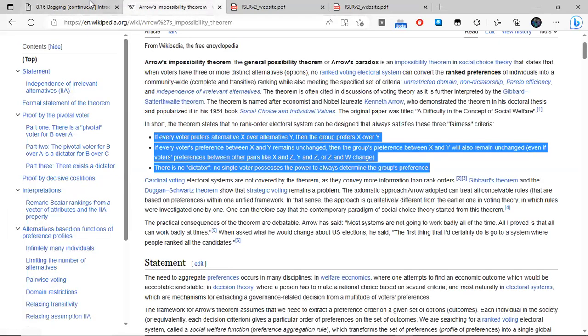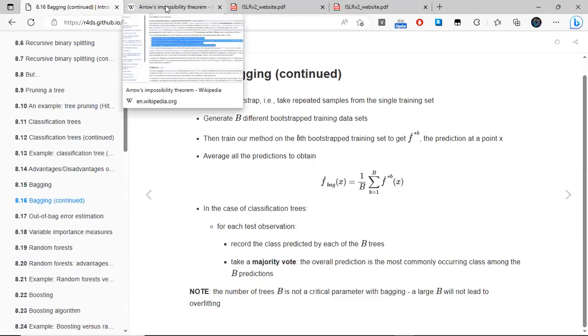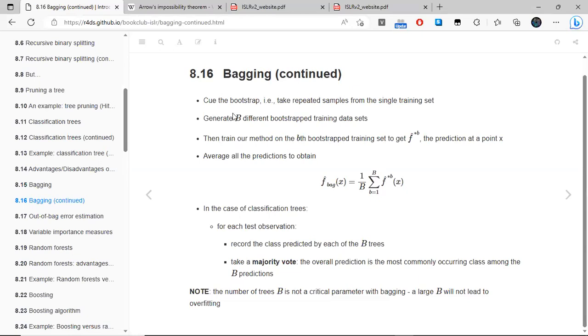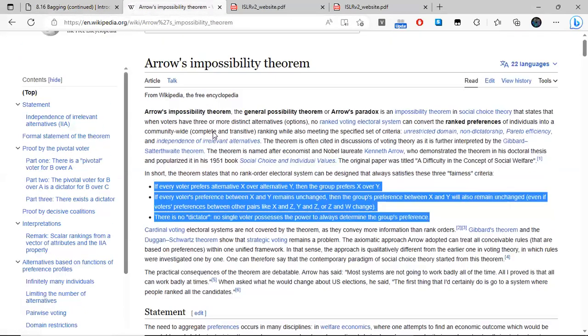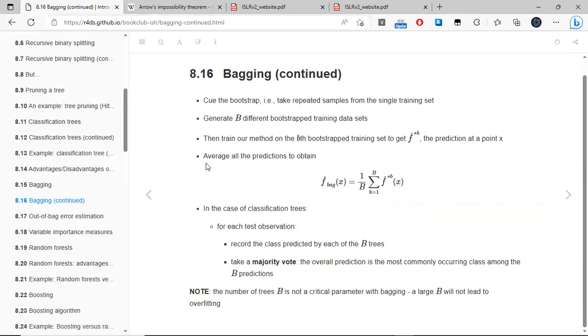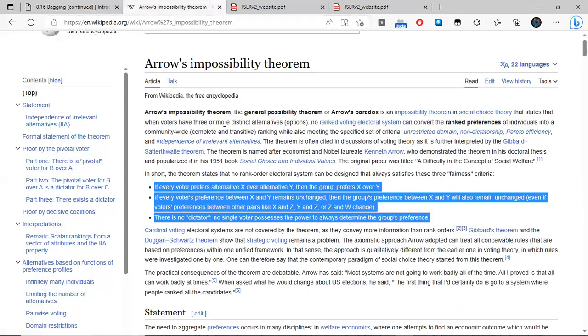And I would guess that perhaps in any code where this type of models are implemented, like in Python or R, there may be a good enough improvement in the testing error in the case of bagging classification trees if, instead of taking the majority vote to get the overall prediction, you consider other types of voting systems.